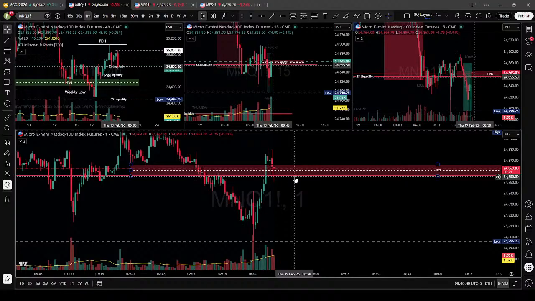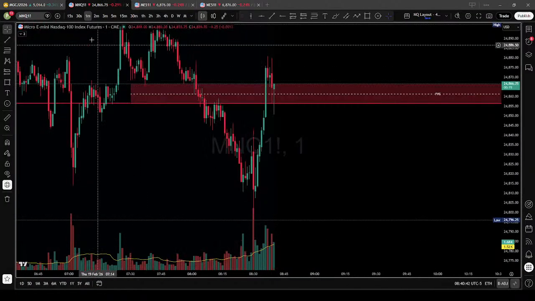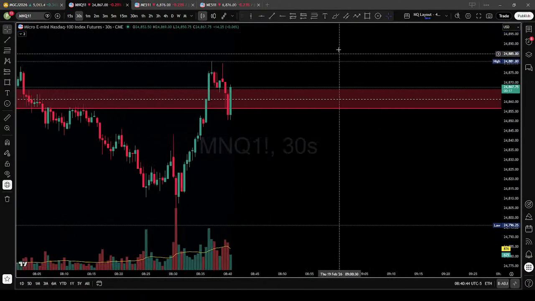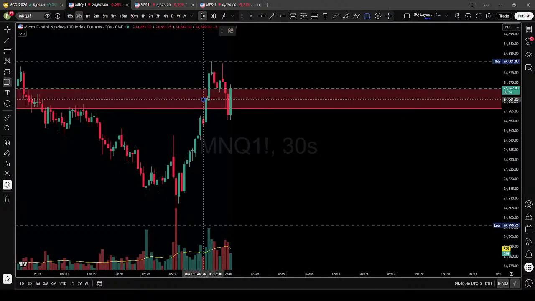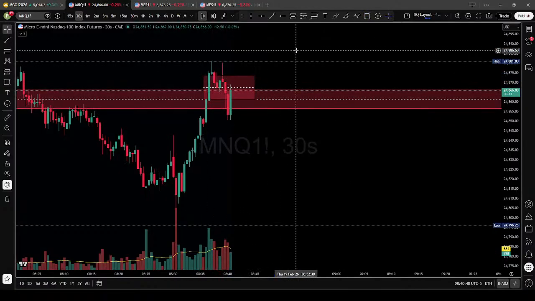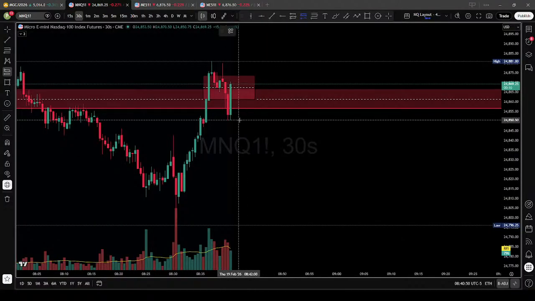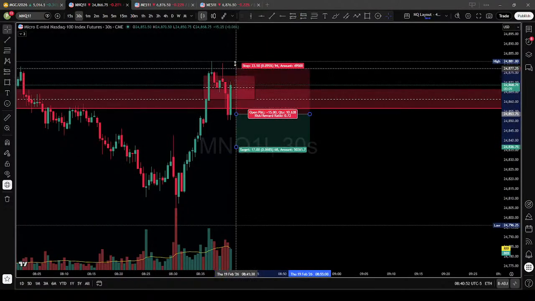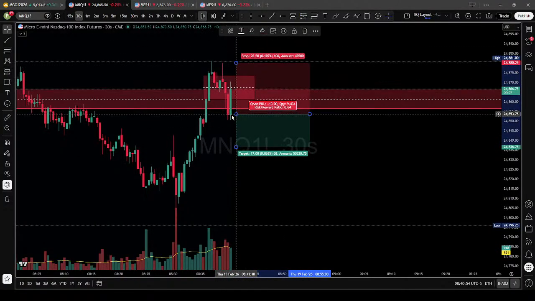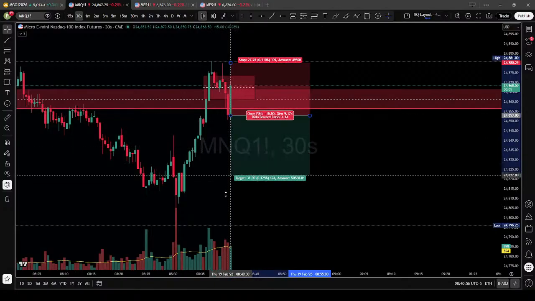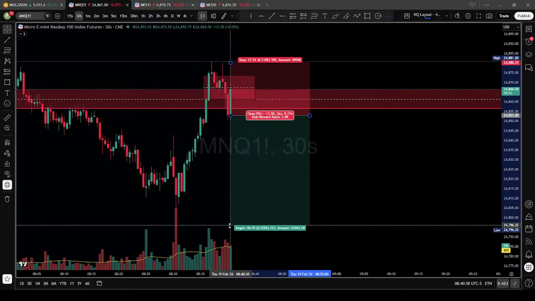If we see inversion of this, or if we move to a 30-second time frame and see this inversion, which we did, we can enter short here. The stop loss 26 points, targets being lower 58 points.